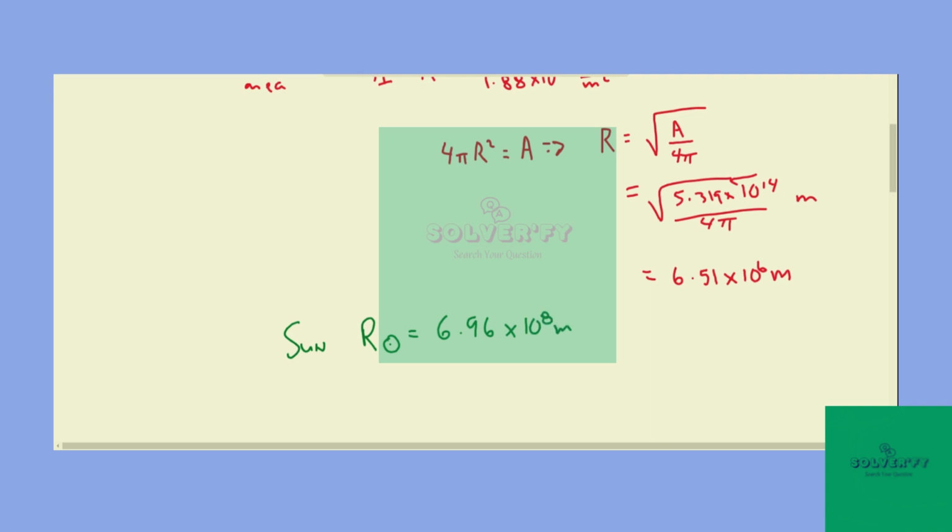But we see that that is about a factor of 100 more, 10 to the 8 versus 10 to the 6. So our sun is about 100 times larger.